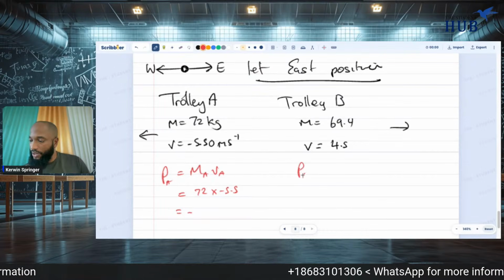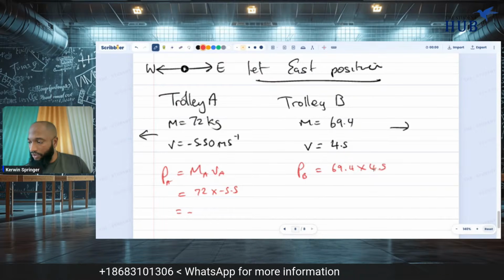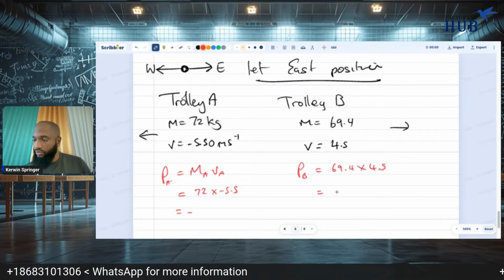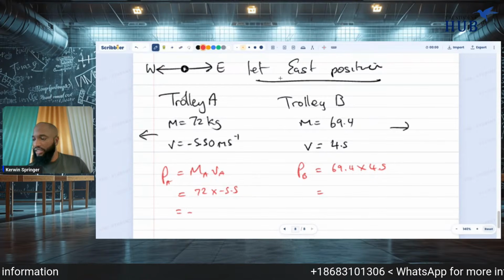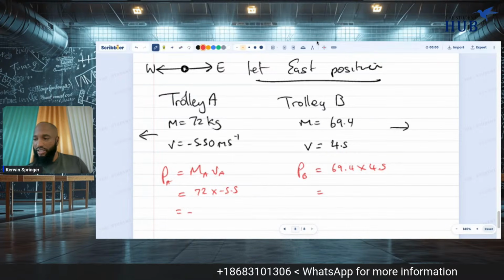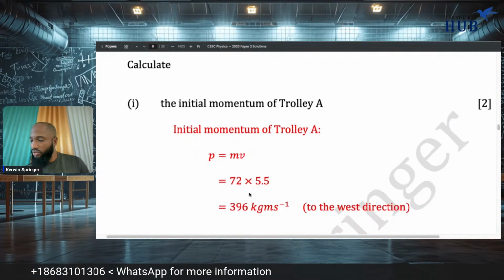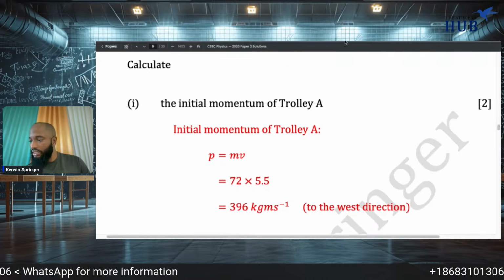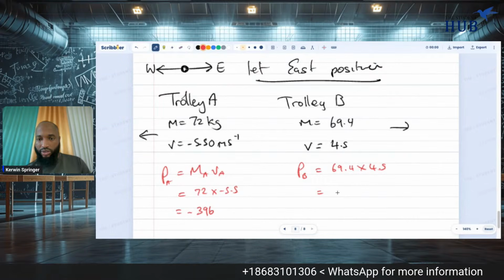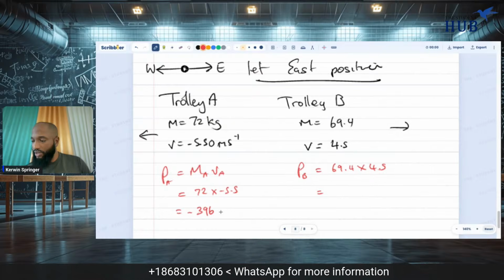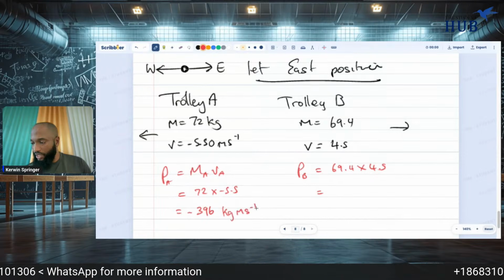And PB is 69.4 times 4.5, which is 3,000. So you get 396. That'll be negative 396. And the other one is going to be, so negative 396, and you put kilogram meters per second.